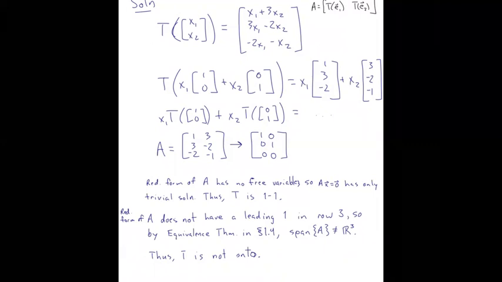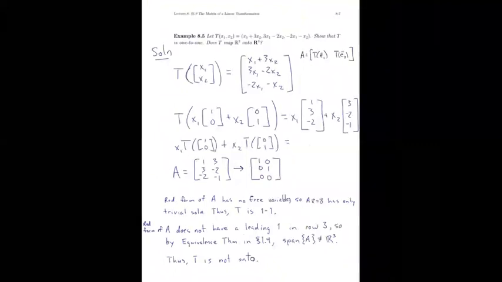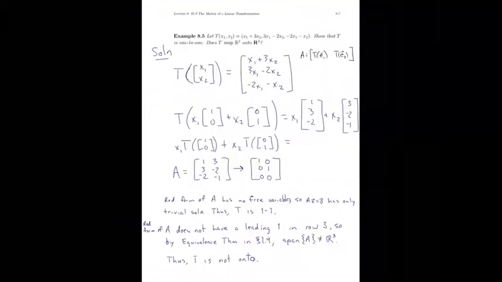So since we don't have a leading 1 in the third row, it fails to span this space. And remember over here, in order for it to be onto, it must span the space. If it doesn't span the space, it can't be onto. So T is not onto.